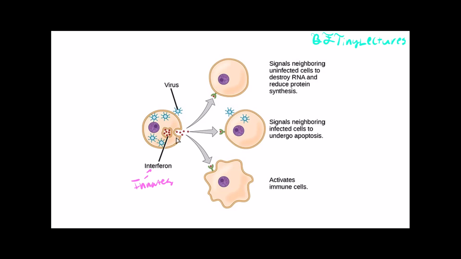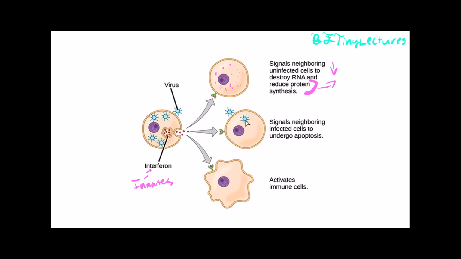I'm going to make interferons, and these interferons are going to go to my neighbors, and they're going to say, we got to decrease the amount of protein synthesis that we're making. So we got to decrease the amount of proteins that we make. So in case you're infected with a virus, the virus can no longer make any proteins. And if it does make any proteins, it's going to be a reduced amount.